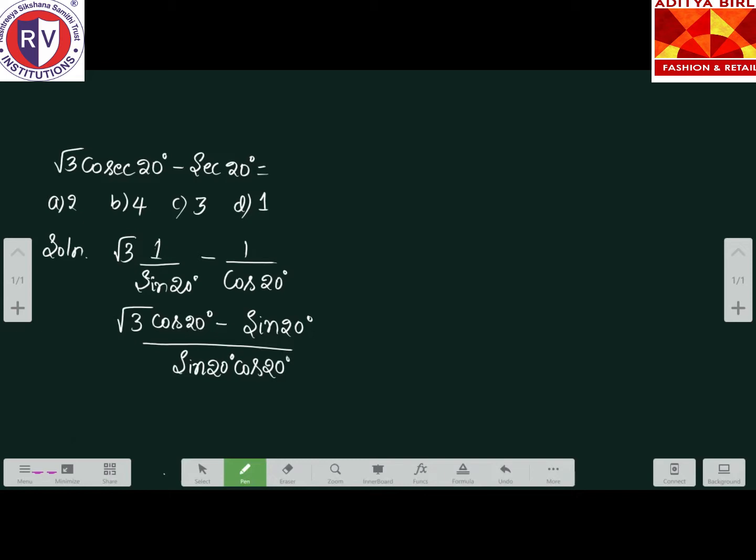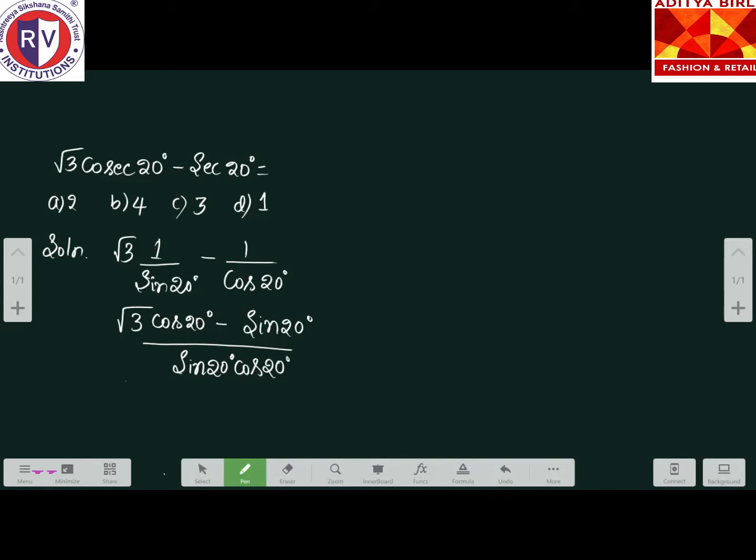So 1 by 2 we can replace by cos 60 degree, and root 3 by 2 by sine 60 degree, and this will take the form sine 60 cos 20 minus cos 60 into sine 20, so that we can reduce it to the formula.